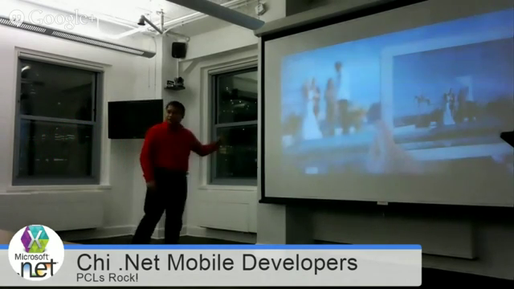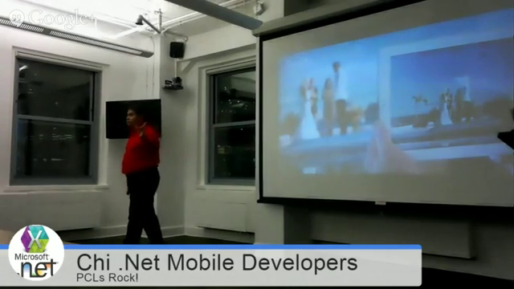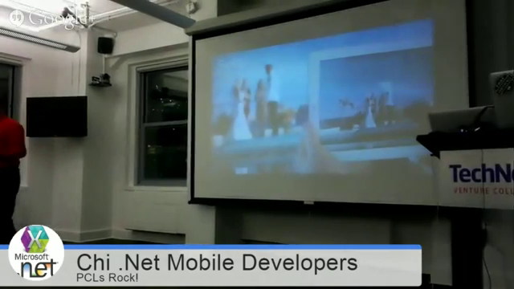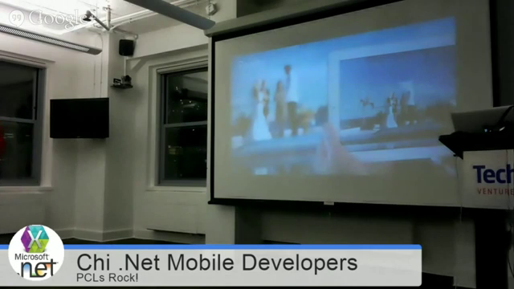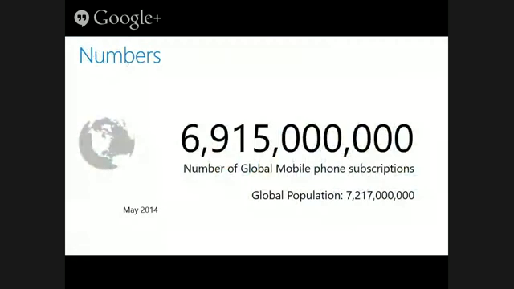I don't know what the heck is going on, but this is the reality of things. The reality is that things are also changing in the mobile space. Tablets are becoming more mobile, and people are using things differently. We want to move into things where the population is changing into more mobile-friendly people, right? Worldwide, there are about 7.2 billion people. We have about 6.9 billion mobile phone subscriptions.